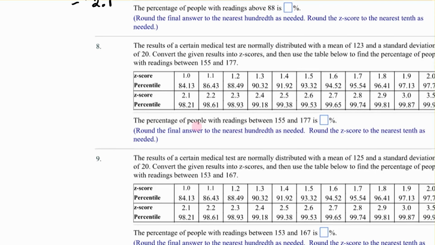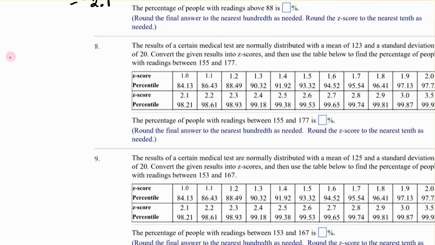Okay, so I need to get the z-score for 155, which is 155 minus the mean, which was 123, divided by the standard deviation, which was 20.